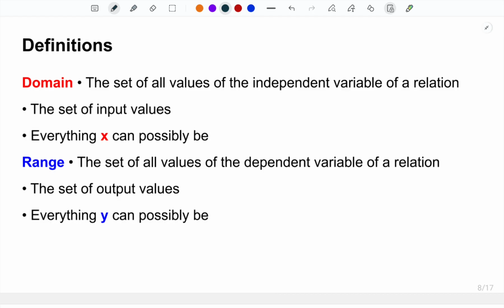There are going to be situations, and we're going to see that, where we're going to have to look at only some numbers. And then the range is going to tell you all the possible outputs. So we saw the vending machine, you could get cereal, milk, water, orange juice, but you couldn't get chips. So chips were not part of the range, but those other things were. So the range is all the possible outputs.